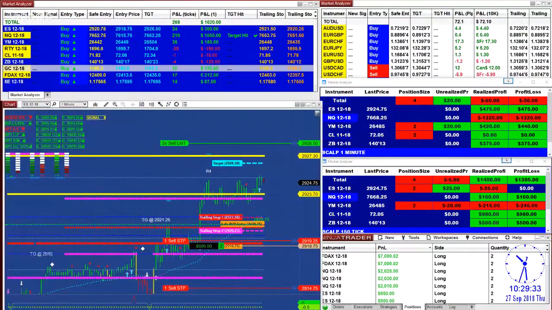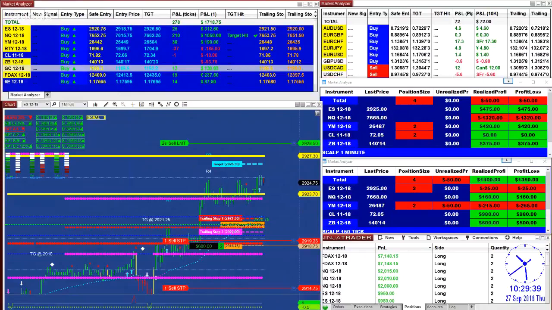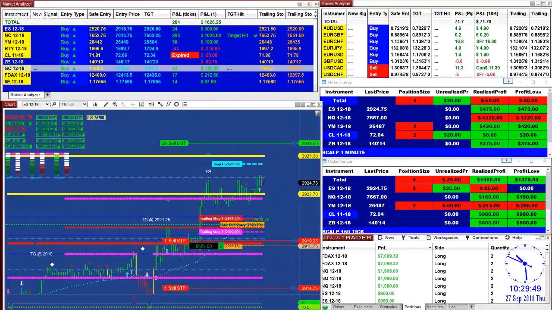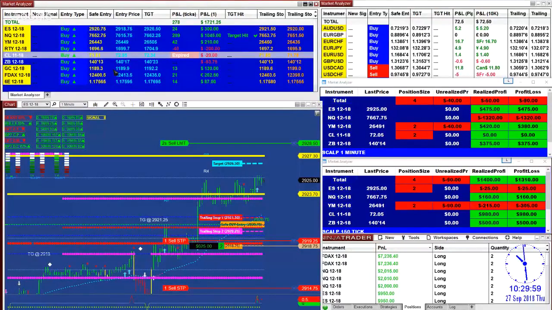So this is what is nice about it. When there is no trade on the other instruments, you can always find an entry on a different instrument. So this is the latest signal, 7206 as an entry and an exit at 7234.